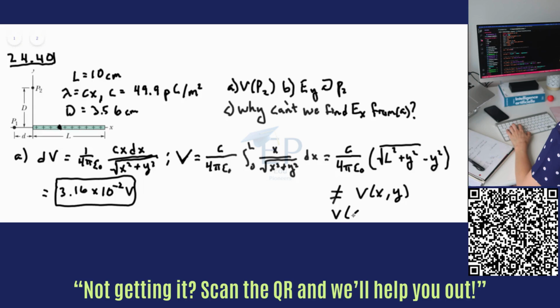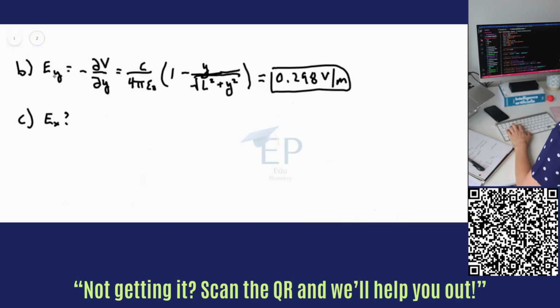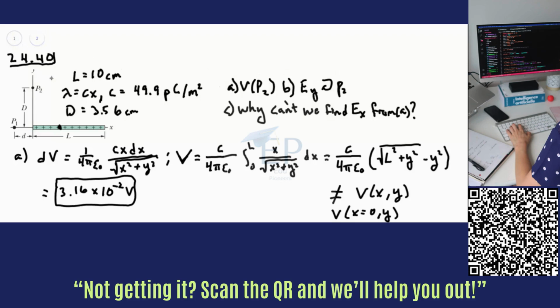But it's not too difficult to realize that there has to be some x component of the field here. So this is not so helpful because this isn't the voltage at every point in space. This is not the voltage of a general xy. This is the voltage for x equals 0 and any y.